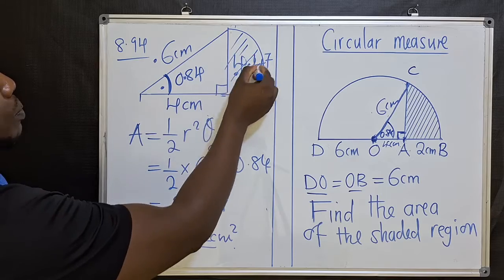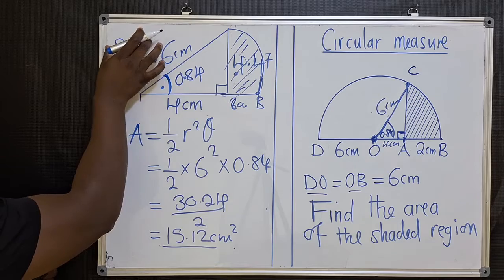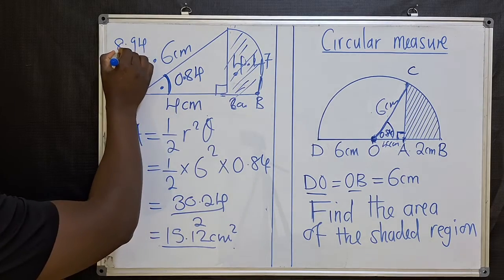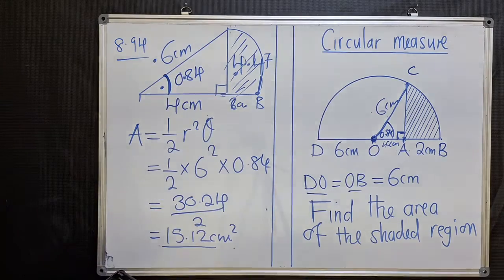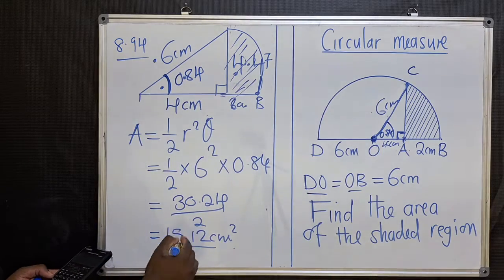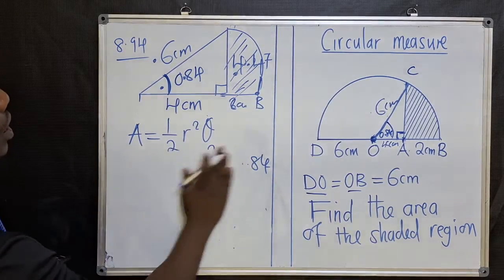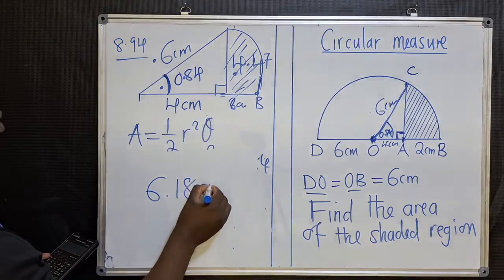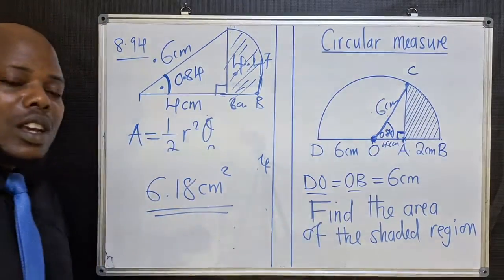Now to find this part which is shaded, I'm just going to say the area of the entire sector minus the area of the right angle triangle. When I subtract 8.94 from this, I'm getting 6.180 centimeters squared. So this is our answer. It's the area of the shaded region.